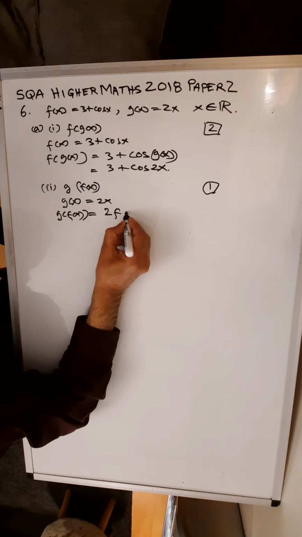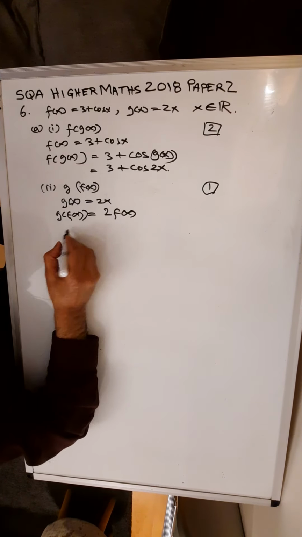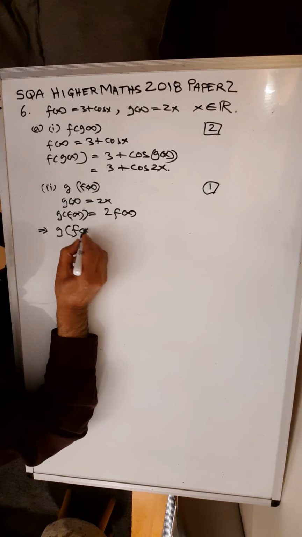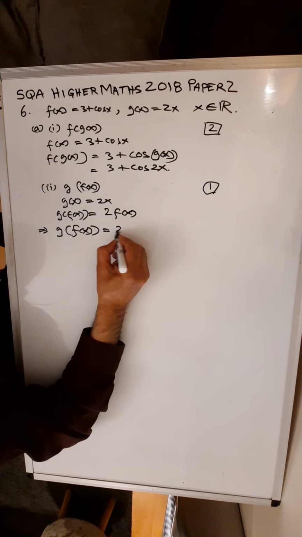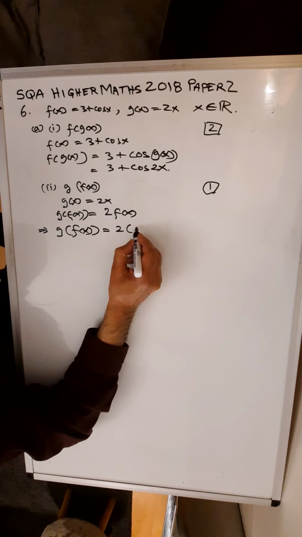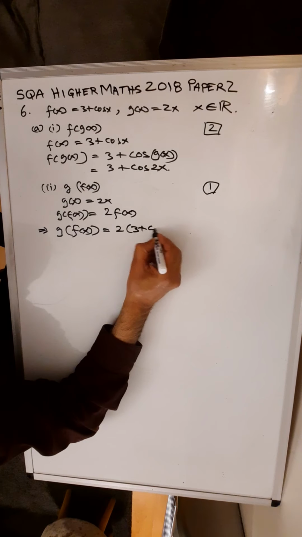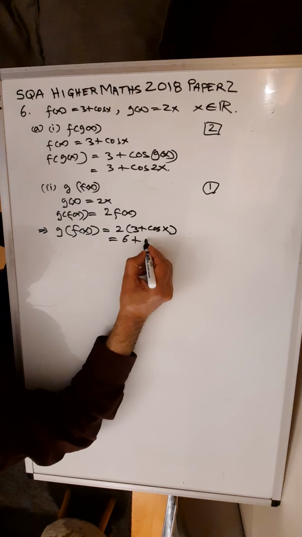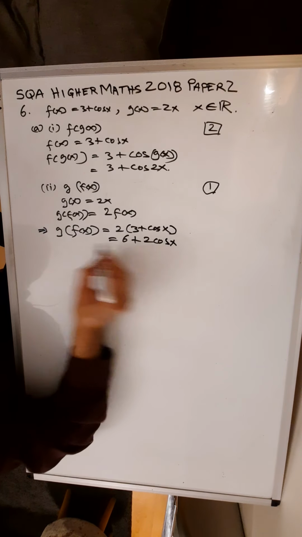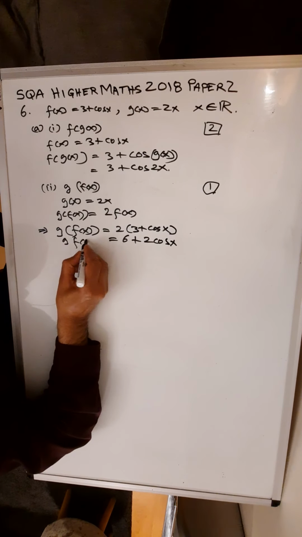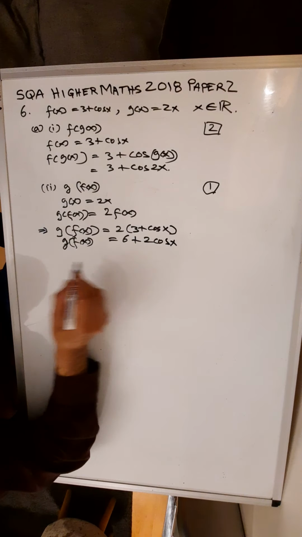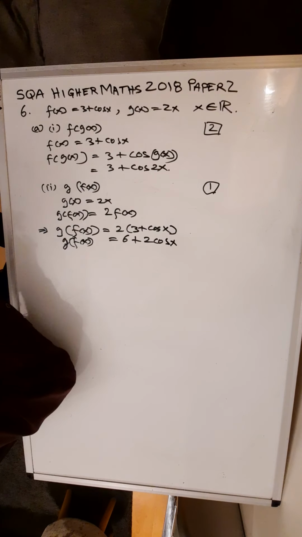That would give you 2 f of x, which means that g of f of x is equal to 2 times f of x, and f of x itself is 3 plus cos x. So that's 6 plus 2 cos x, which is g of f of x. That's for 1 mark.